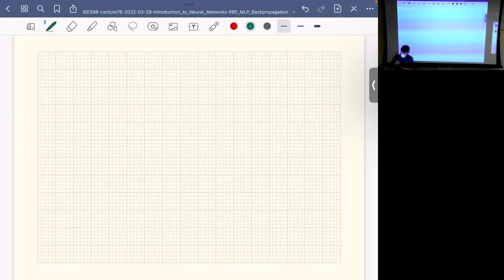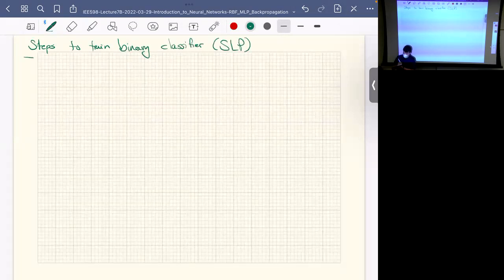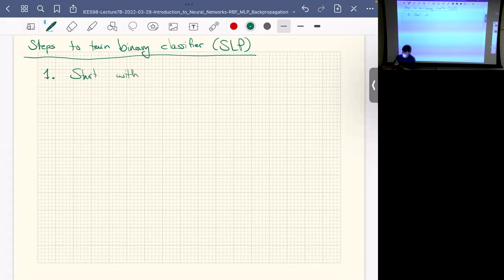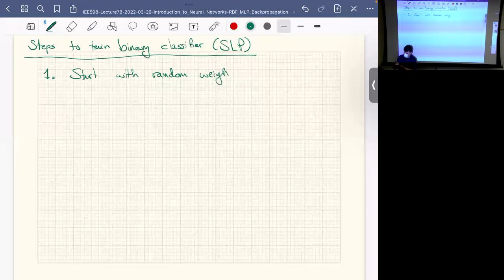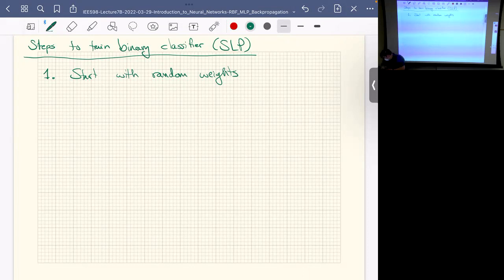So the steps to train a binary classifier, or a single layer perceptron. One, start with random initial weights. So that's your weight vector W.